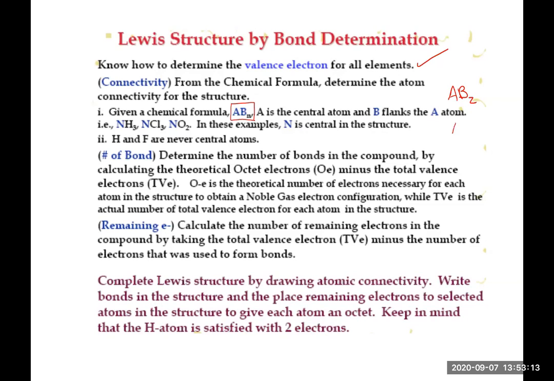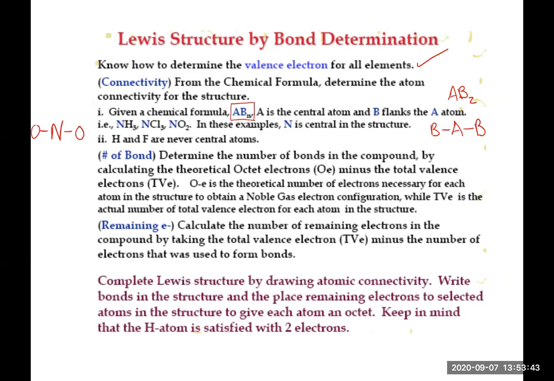A would be our central atom because it's written first, and it would be flanked by 2 atoms that are B. And so our structure would look like this. If we had N, for example, O2, which is a real structure, then N would be flanked by 2 oxygens, one on either side of it, and the N would be the central atom.